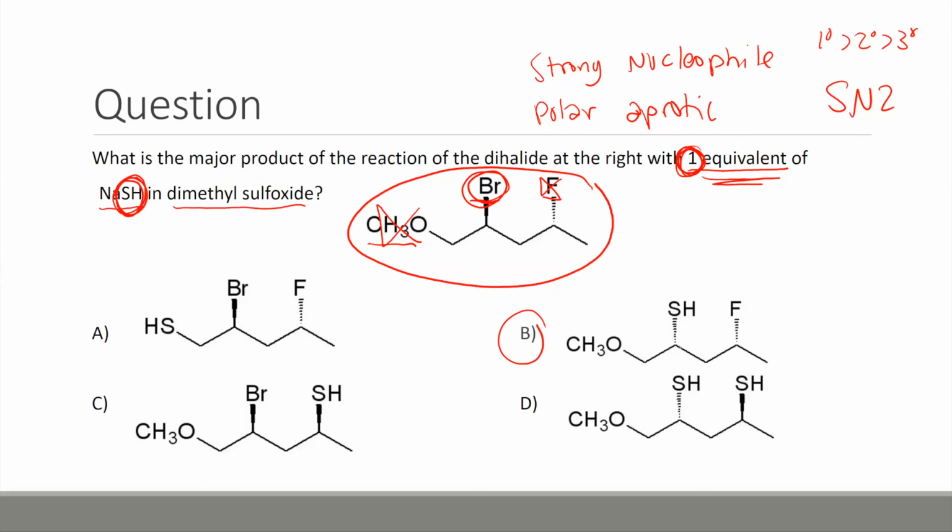And notice that another key feature that should be present is that the thiol group is inverted. It starts as a bromine wedged forward and ends as a thiol hashed backwards. And that's again because we have SN2 and you have inversion occurring.